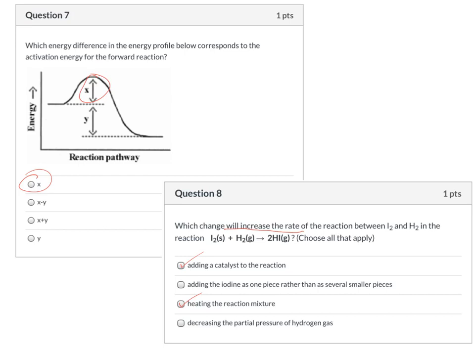If we add iodine as one piece rather than several pieces, that slows it down. Remember your laboratory we did with the Alka-Seltzer tablets. When you had several smaller pieces, the reaction was much faster. If you decrease the partial pressure of hydrogen gas, that does not make things faster. Increasing pressure would make things a bit faster. So just these two applied.